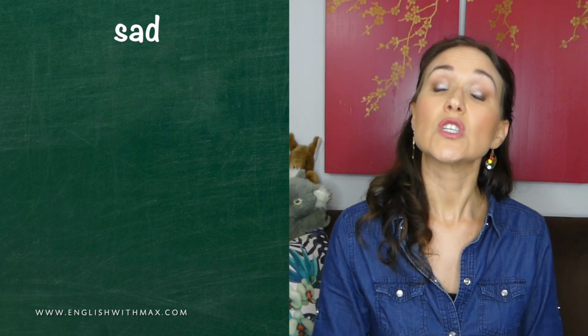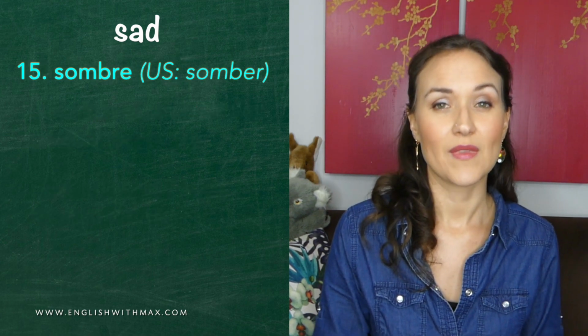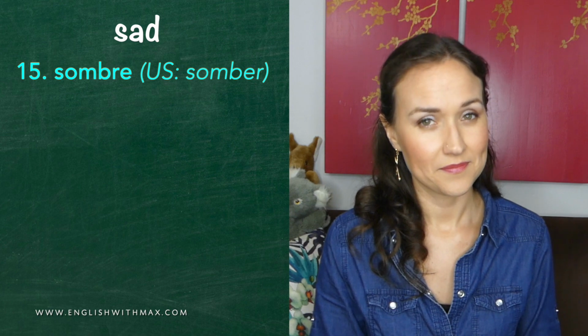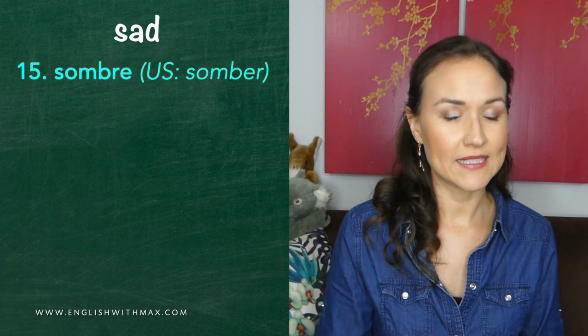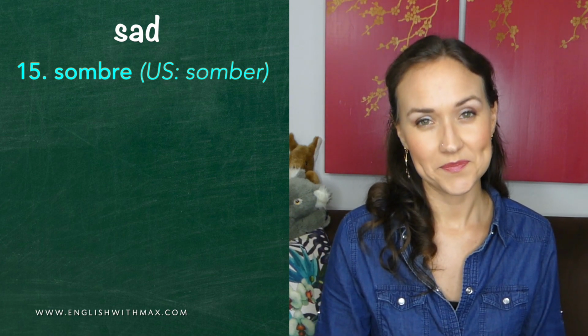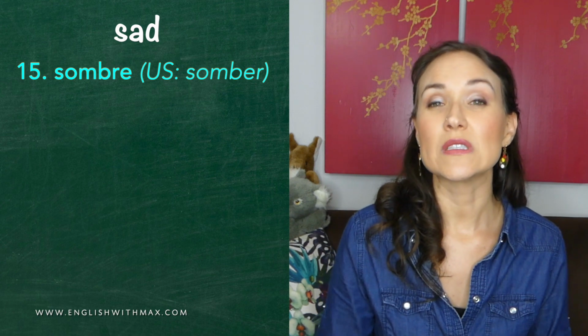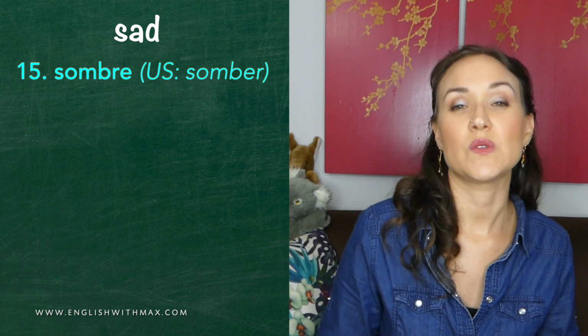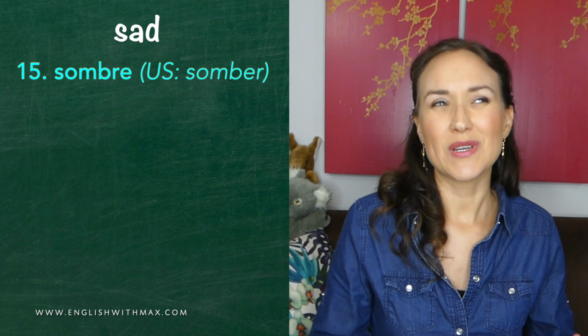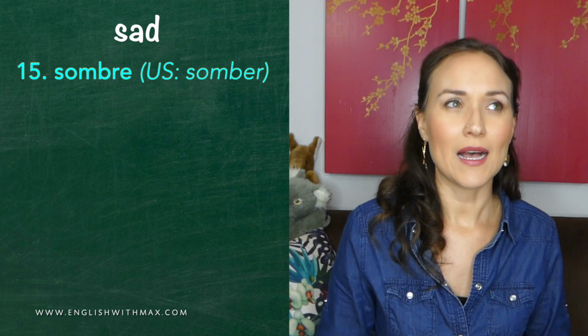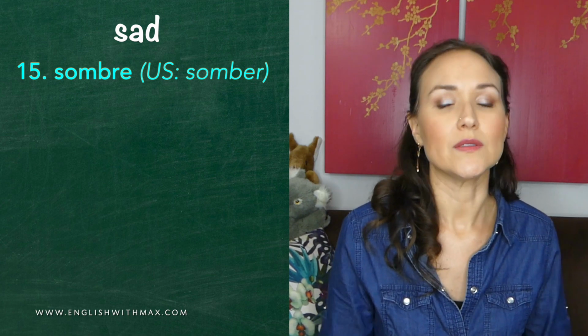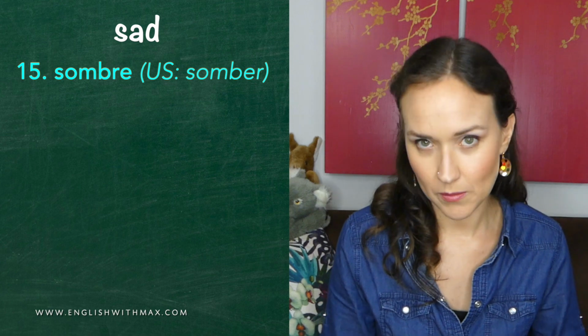Finally, we have the word somber. Somber. It's spelt a little differently in American English. This word is used a little differently to the previous ones because you can't actually say I felt somber or I was somber.